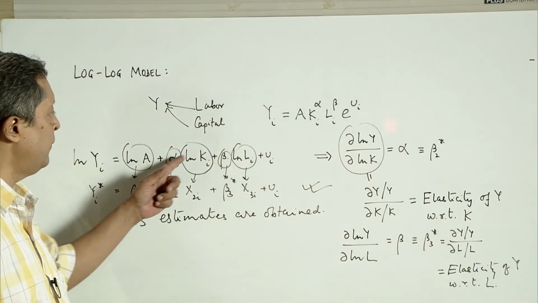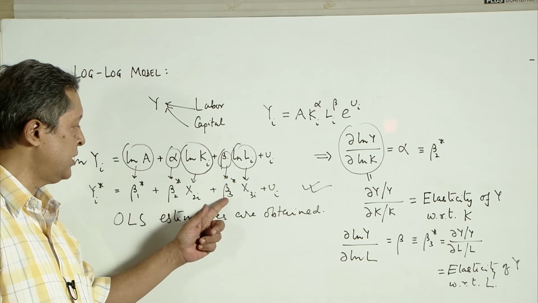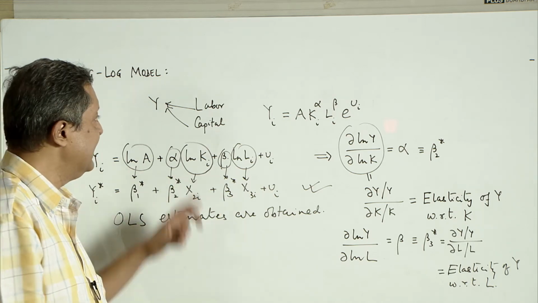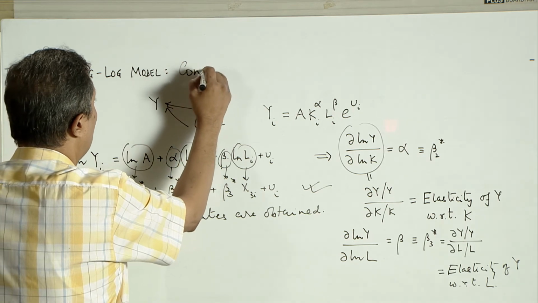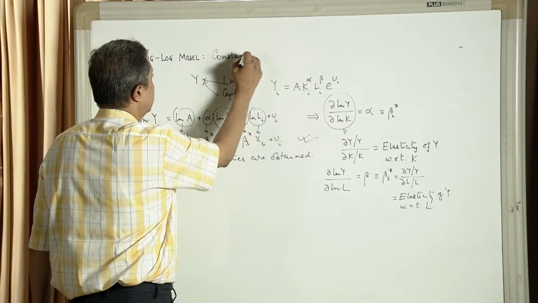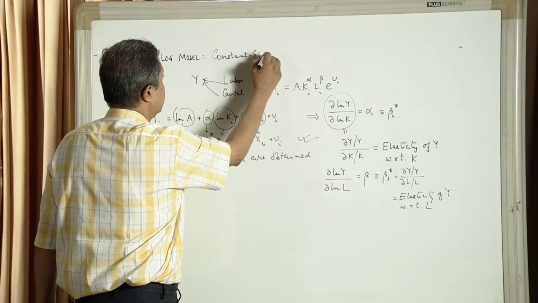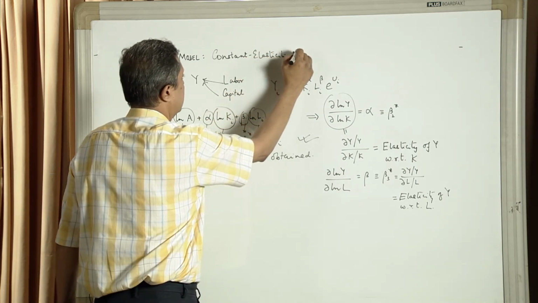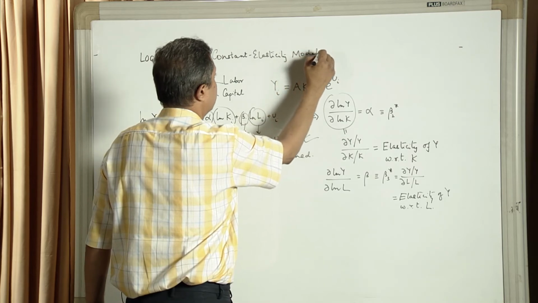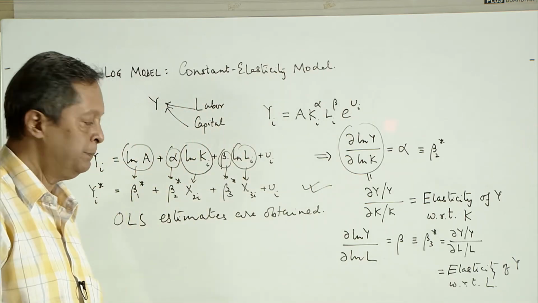Obviously, since alpha and beta, that is beta 2 star and beta 3 star, are parameters, this model is also known as the constant elasticity model.